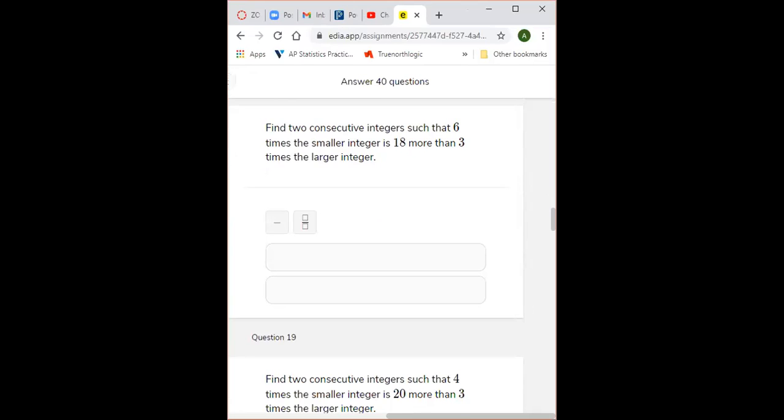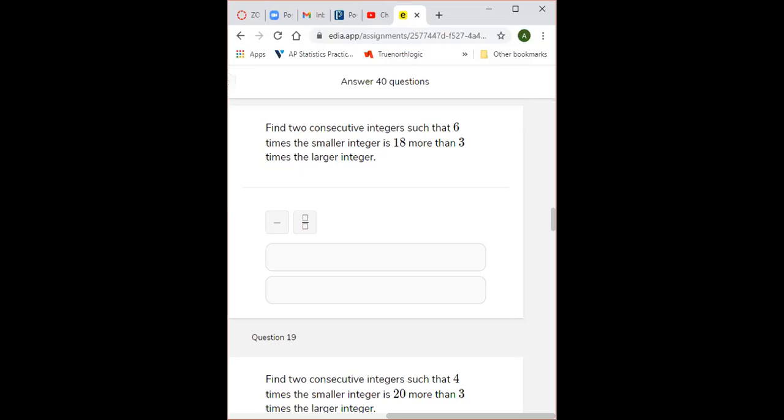If you do consecutive odd or even, it's going to be x plus 2, x plus 4. So don't forget that. That's how you start it. If it's two numbers, it's just the first two. If it's three numbers, it's all three added together, okay?